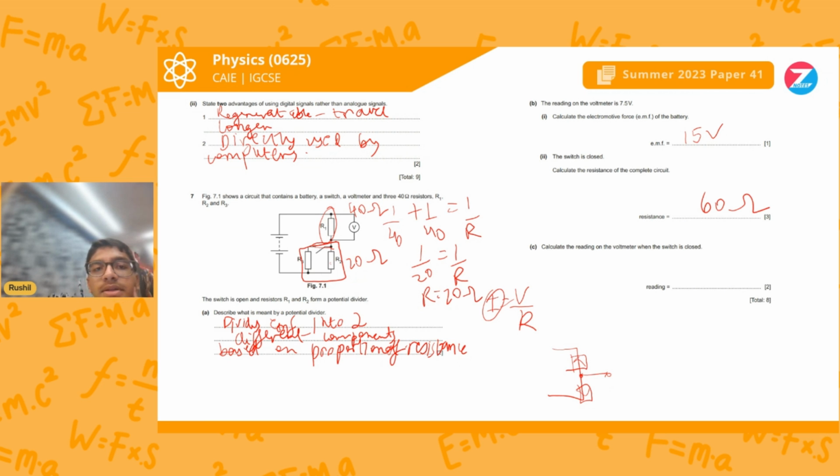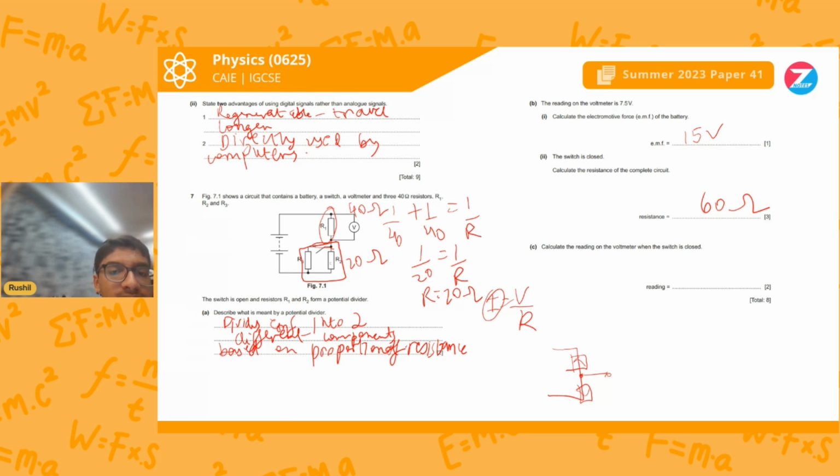Now calculate the reading on the voltmeter when the switch is closed. When the switch is closed, this system has 20 ohms of resistance and this system has 40 ohms of resistance. As we know, the EMF of the battery is 15 volts, which is going to be divided across these. While the total resistance is 60 ohms, R1 provides 2/3 of the resistance of the whole circuit.